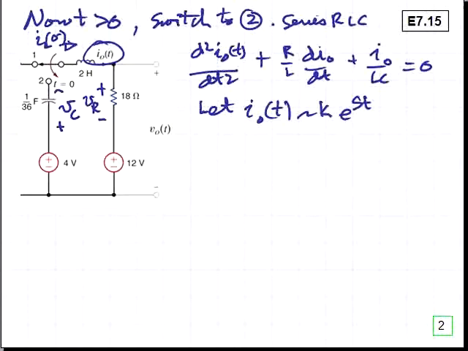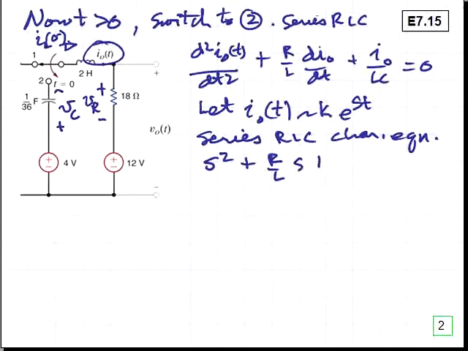Then we'll have a series RLC characteristic equation in terms of the complex frequency s: s squared plus R over L s plus 1 over LC equals 0.